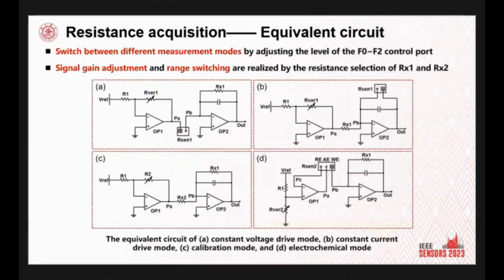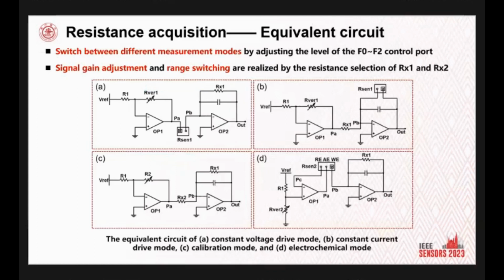The figure shows the equivalent circuit in different operation modes. In figure A and C, the amplifier on the left constitutes a programmable constant current source circuit, and the amplifier on the right constitutes a programmable reverse amplifier circuit.